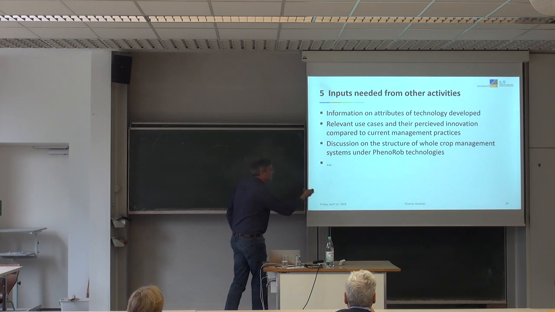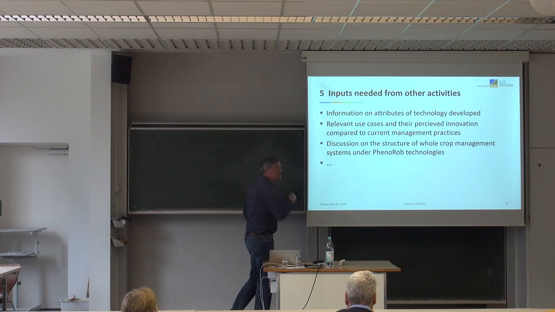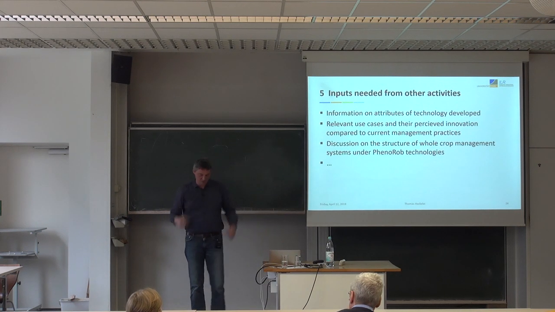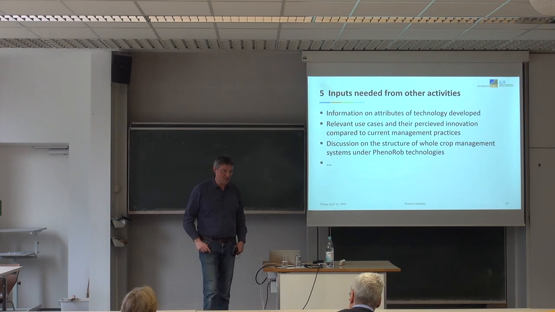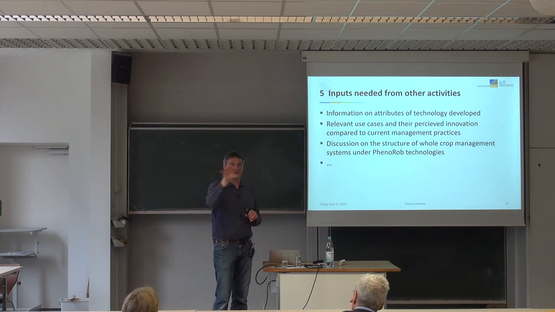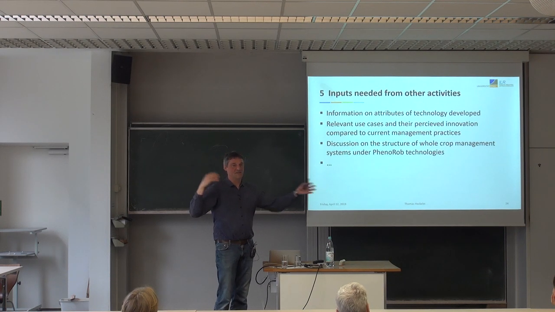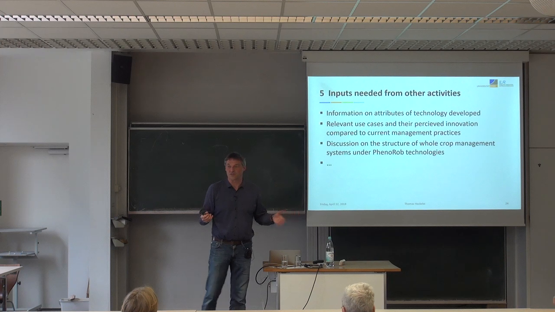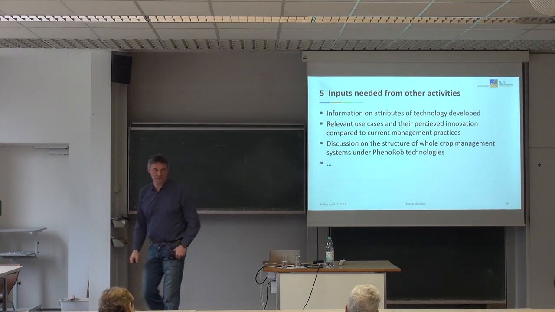And ultimately, when I tried to witness the core project discussions, and so far it's all very interesting, innovative, detailed things that are foreseen, but nobody has any idea right now how we put this together into an overall crop management system that's related to the technology.